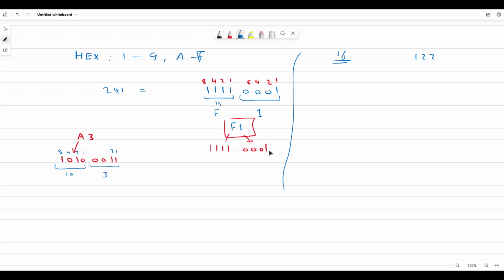The first thing I need to do is divide it by 16, then record the remainder as we do in converting from Denary to binary.